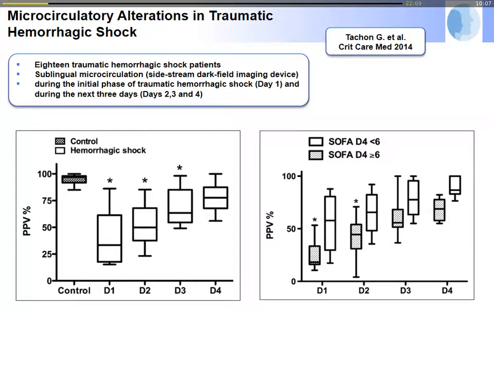But when we look at the sublingual microcirculation, we had clearly a problem. We had clearly an alteration of microcirculation. And this alteration could have an impact on the SOFA score, because in patients where we have the deepest alteration in microcirculation, we observe a higher SOFA score at day 4.